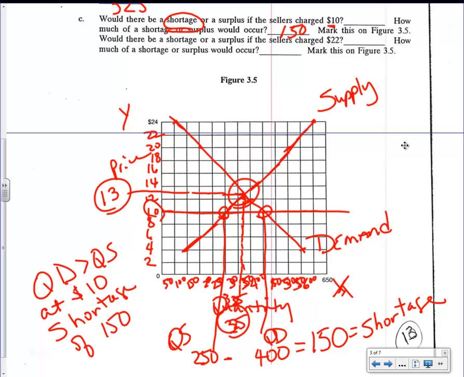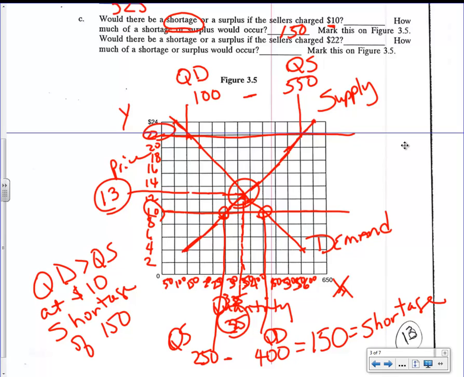Next it asks, what if we're charging $22? At $22, quantity demanded is 100. At $22, quantity supplied is going to be 550.